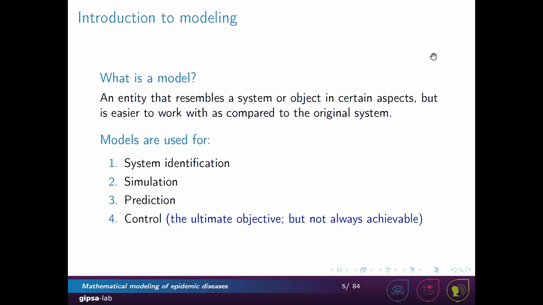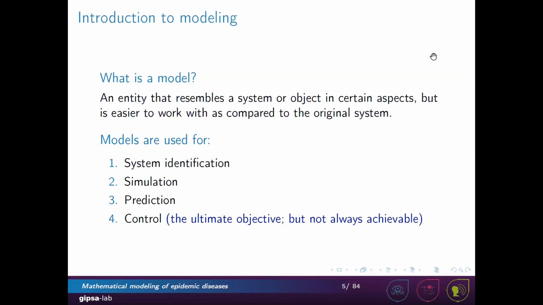We usually use modeling for one of these items. The first is to identify a system. The second is to simulate its behavior. If we can identify a system and simulate its behavior, then we can predict its trends and future patterns.